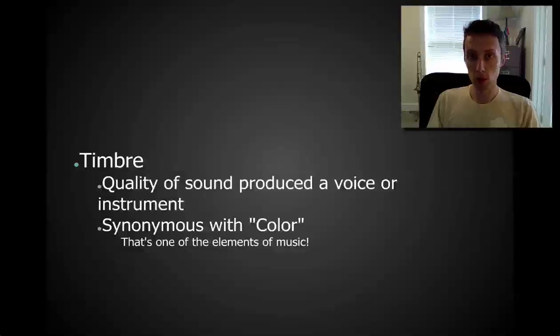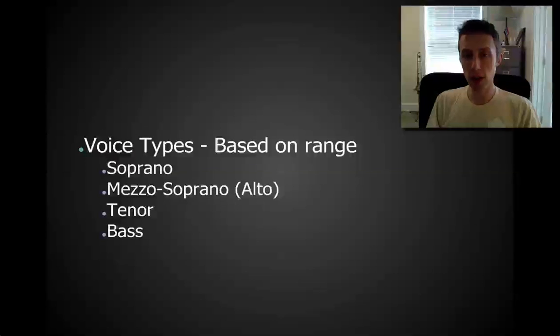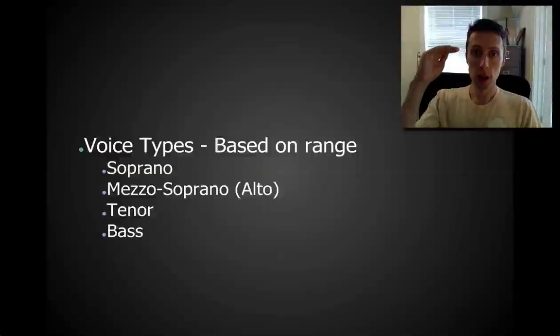So everybody has a different timbre of their voice, of course, but all voices fall into one of 4 categories, and they're based on how high or low you can sing. So those four from highest to lowest are soprano being the highest, mezzo-soprano being the second highest, tenor being just below that, and then bass being the very lowest.